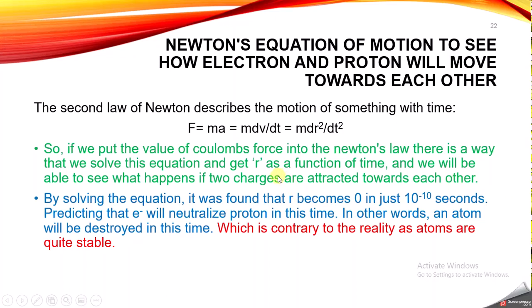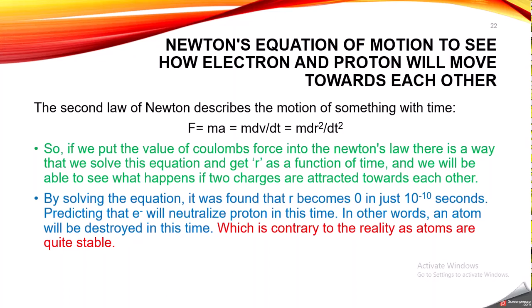If we solve this equation, we will see that in just 10 to the power minus 10 seconds, the electron will neutralize the proton, or in other words, the atom will be destroyed. This is contrary to reality, because atoms are very stable; they do not decay, and electrons and protons do not combine to neutralize each other. So this is contrary to our observation.